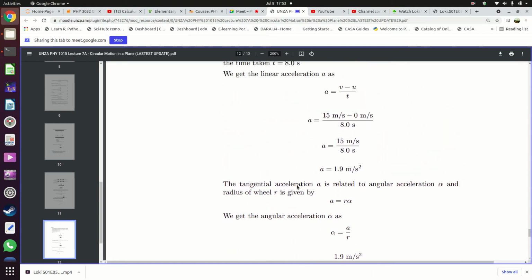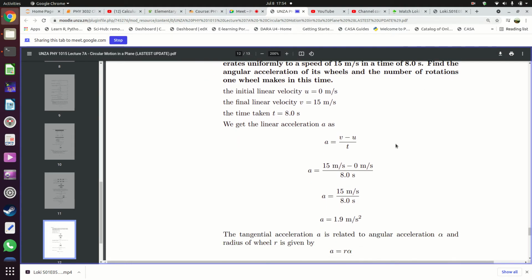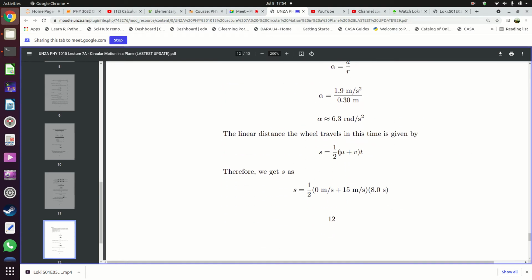Next, we know the initial velocity is 0 meters per second. The final velocity is 15 meters per second. We know the time is 8 seconds. We want to find the number of rotations or revolutions which the wheel makes in this time. Again, you could do that using an angular method, but I have chosen to use this since I know what u and v are and the time, so I can work out s.